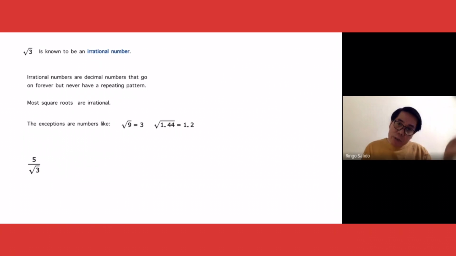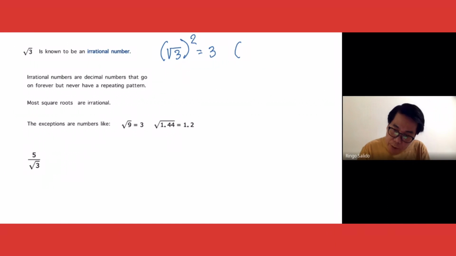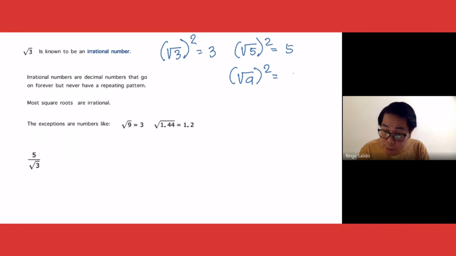Remember in our previous lesson that root of 3 squared will give us the original number, which is 3. Another one, root of 5 squared will give us 5. That means root of a squared will give us a.